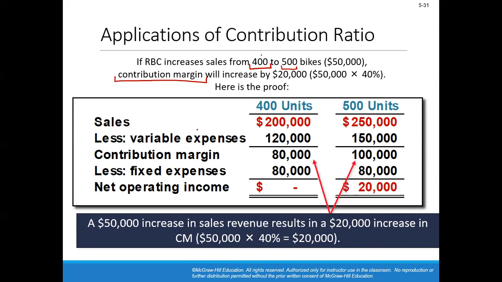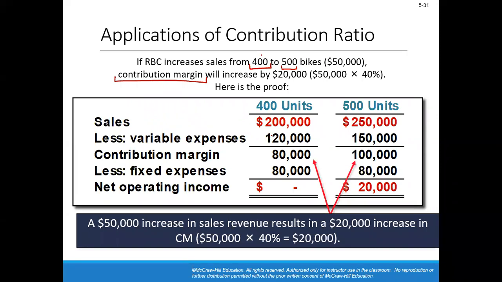Now you see, what will be the increase in our sales for the change in sales units? Note that we have not changed our sales price. And also remember, this is the number one assumption of CVP analysis, that the sales price will remain constant.